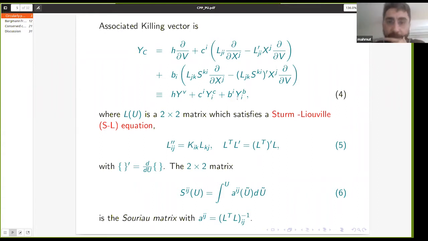Here the important ingredient is this L matrix. It is a 2x2 matrix, and it satisfies a differential equation called the Sturm-Liouville equation.